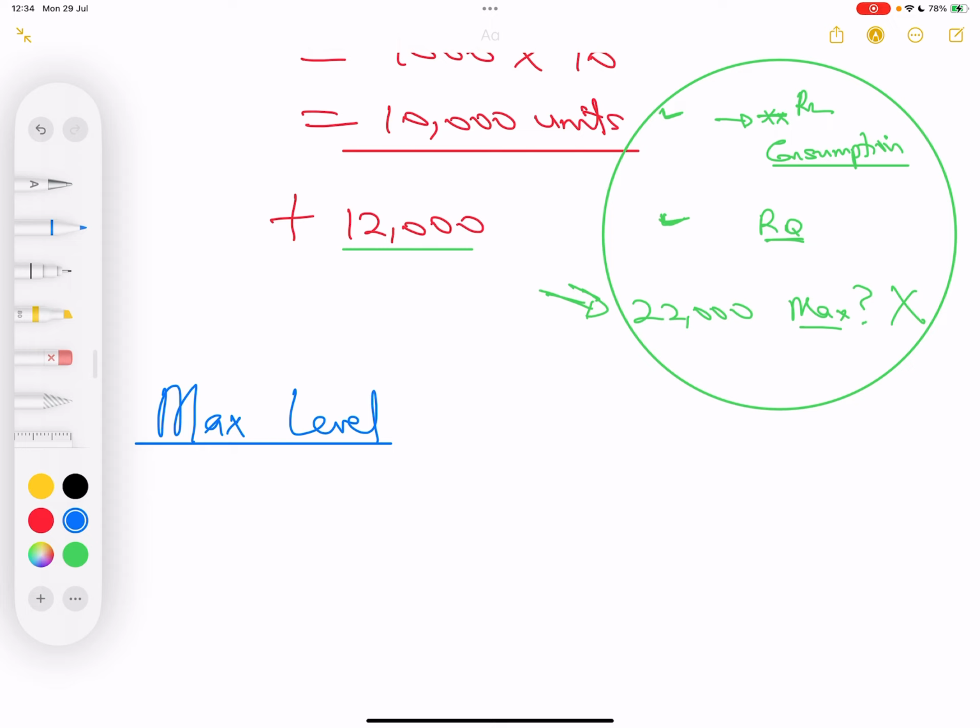So maximum level, you can see, yes, you start from the reorder level, just like 10,000 here, where you place an order, which is your reorder quantity, this one. However, it doesn't end there. Now you need to deduct your consumption. However, the question is, what consumption will you deduct? You need to deduct the smallest possible consumption.